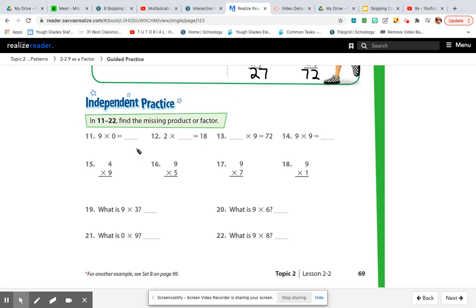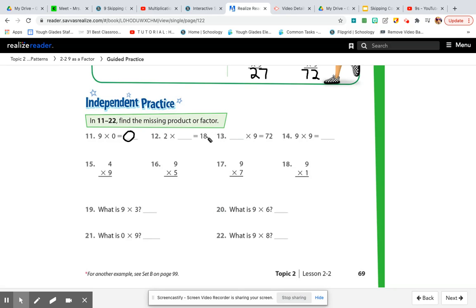Well, this follows the 0 property of multiplication, meaning anything times 0 is 0. Here's the missing factor. So the missing factor, you can solve this by using your 9s patterns.